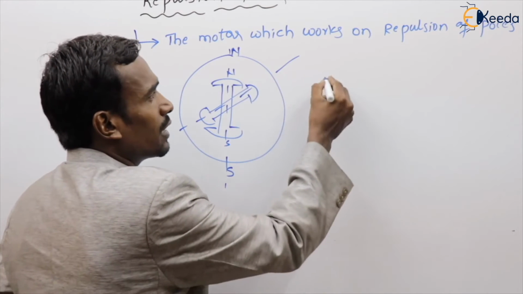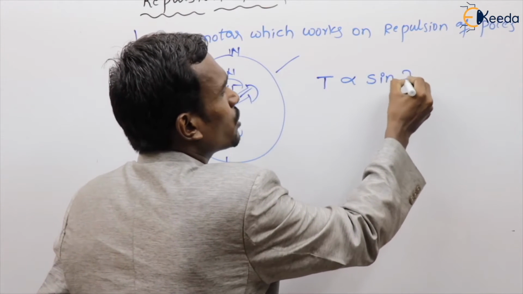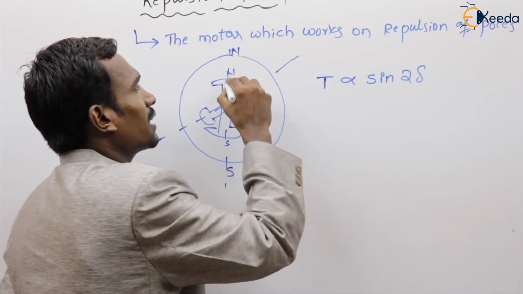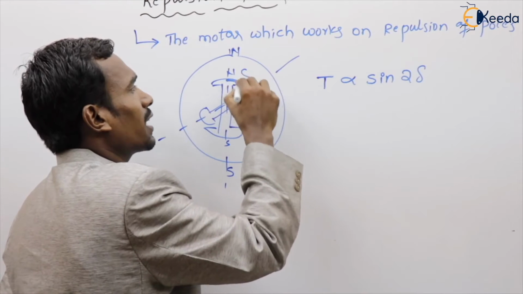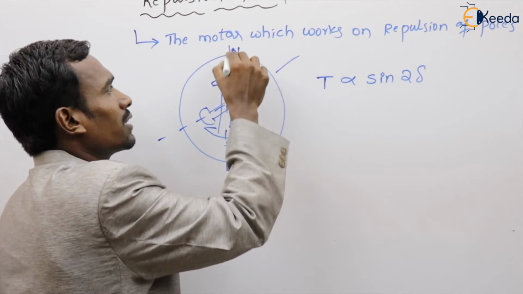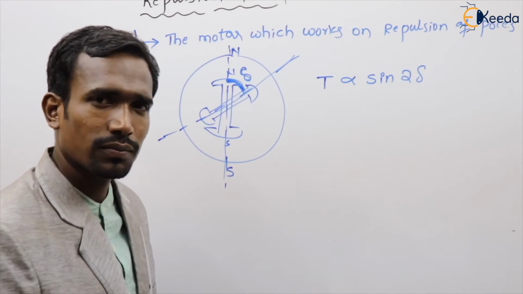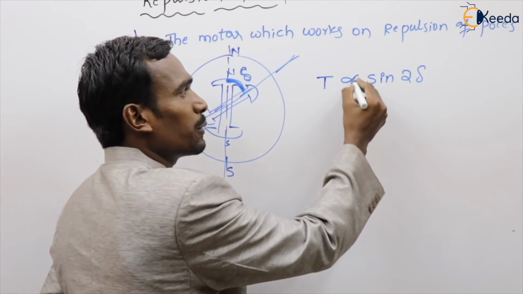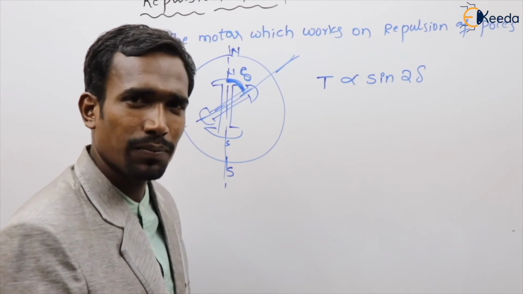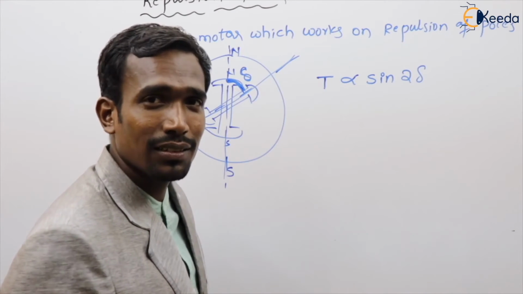In this machine, the torque T is directly proportional to sine 2 delta, where delta is this angle, the angle between the stator pole axis and the rotor pole axis. Can you tell me when we can get the maximum torque?